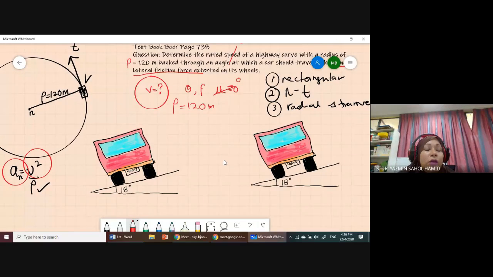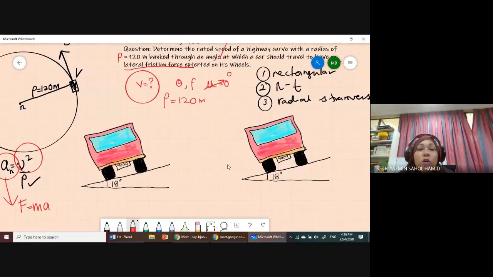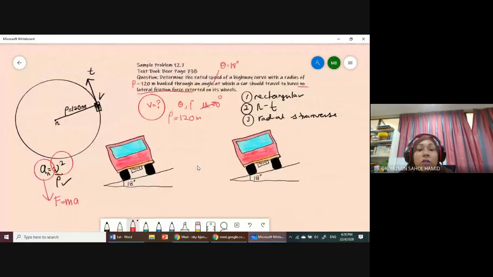To find a, we need to use Newton's second law, which is F equals ma. So we need to find ma first. For this question, we need to draw the free body diagram and also the kinetic diagram.